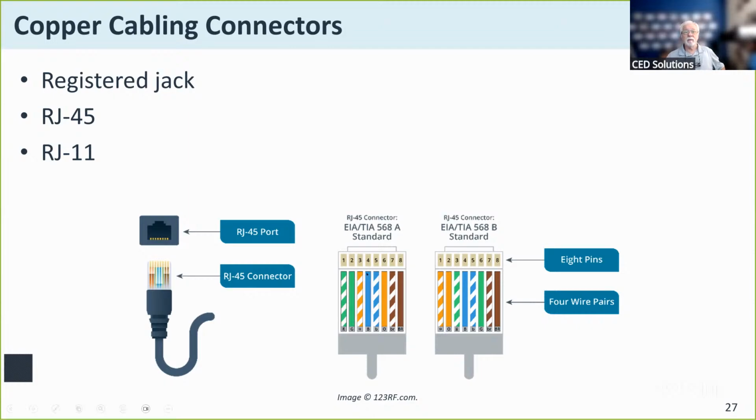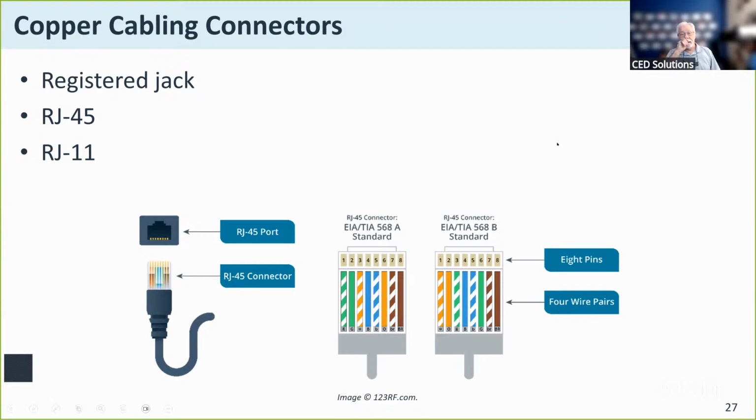If I am going to be plugging up two different types of equipment, for instance, a PC computer to a switch or a switch to a router, different types of equipment, I'll use what's called a straight through cable. And I prefer to wire both ends, if I'm building the cable, with the 568A standard. So both ends of the cable, same pin configuration here. It's called a straight through cable.